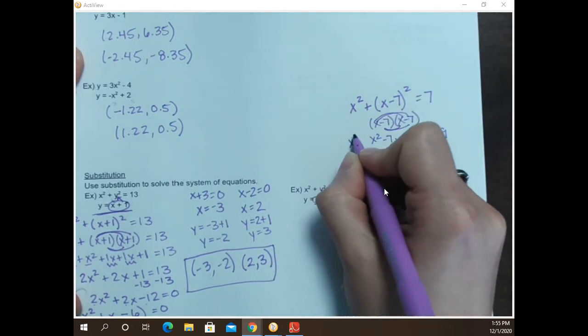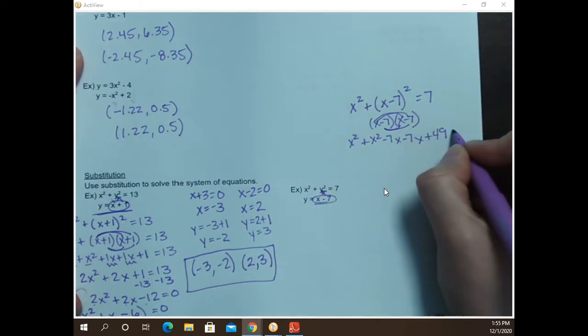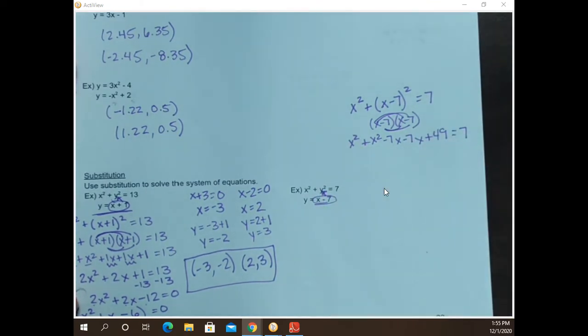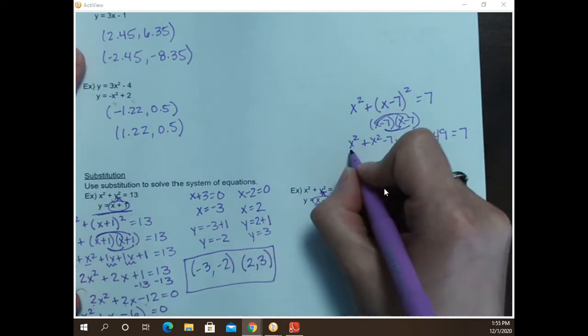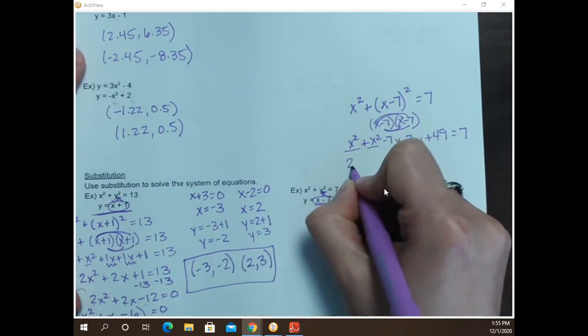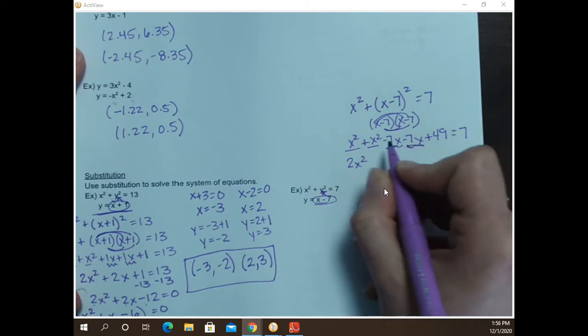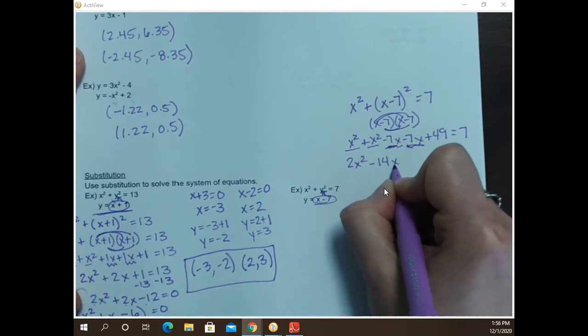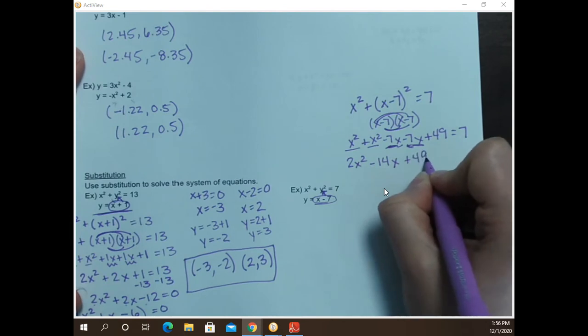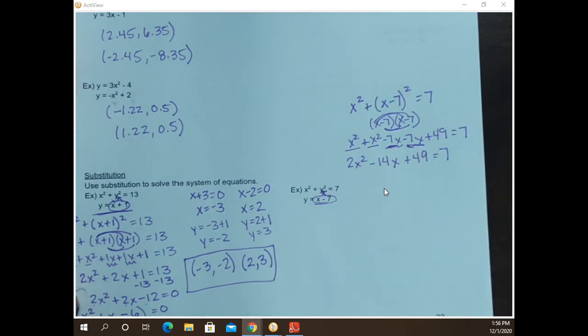Remember, we still have this other x squared in front, and we are still equal to 7 on the right-hand side. So I'm going to combine my like terms now. X squared plus x squared is 2x squared, minus 7x and minus 7x would be minus 14x plus 49 equals 7.